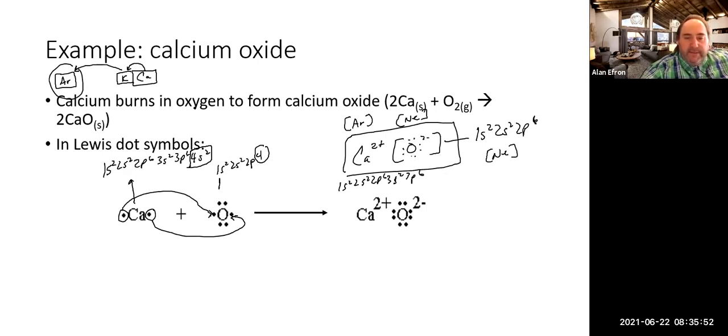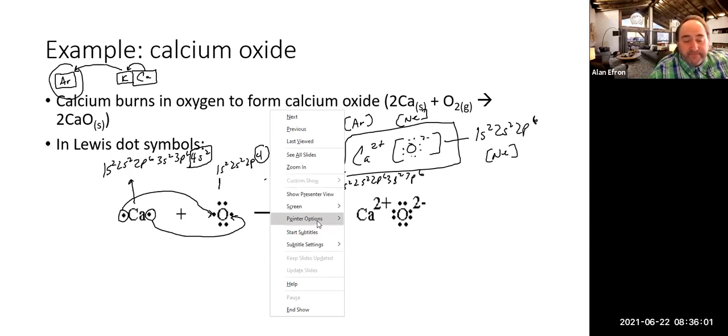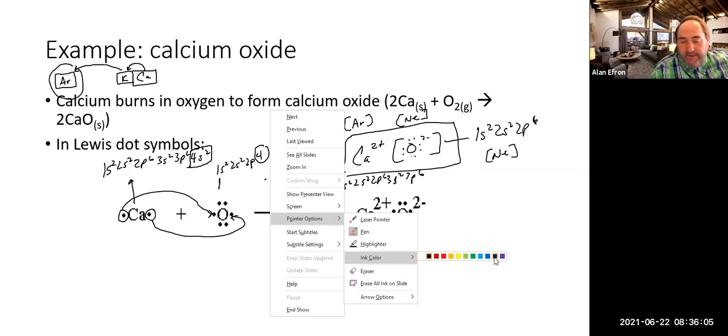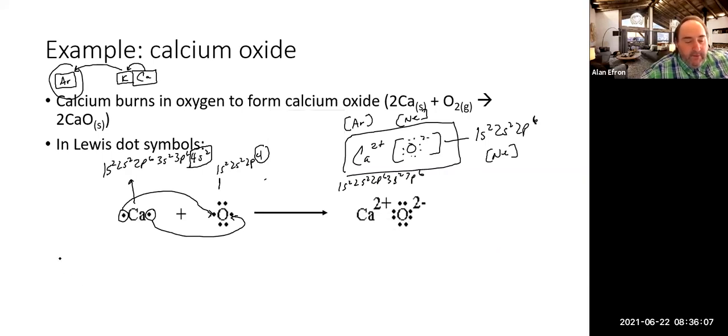All right, let's take a look at another situation, actually using the 2 elements that we just used, and we'll put the other 2 together. What happens if we take calcium and we put it together with fluorine like we had before?